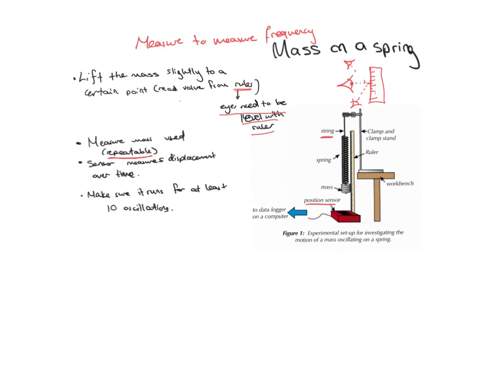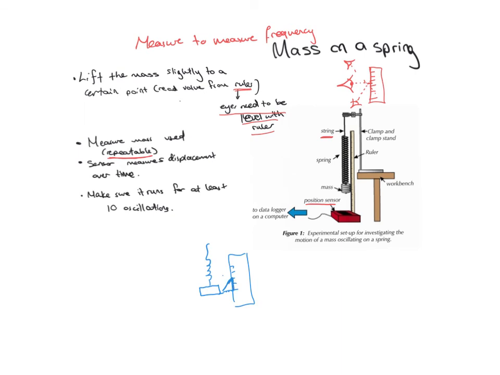Now, the big tip I wanted to mention here is when you're taking a reading of the ruler to begin with. It's really hard to align and figure out the initial position of the reading. If this is the ruler and this is the place where the mass is aligned at the bottom, then you should make sure that something is aligning these values clearly, and you can do that by using a set square.